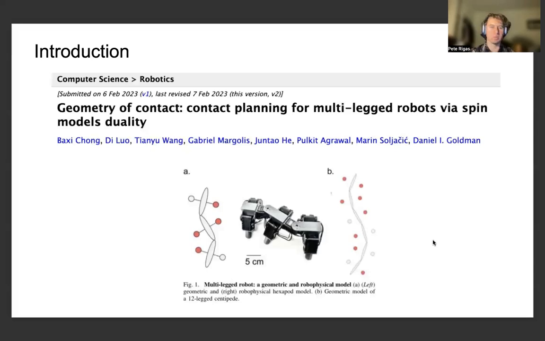So as an introduction, we're first going to be discussing a preprint on arXiv, which appeared earlier in the year in February, titled Geometry of Contact Planning for Multi-Legged Robots via Spin Models Duality. This is from several authors at the MIT Probable AI Lab, and other collaborators within other departments at the Institute, and also at Georgia Tech.